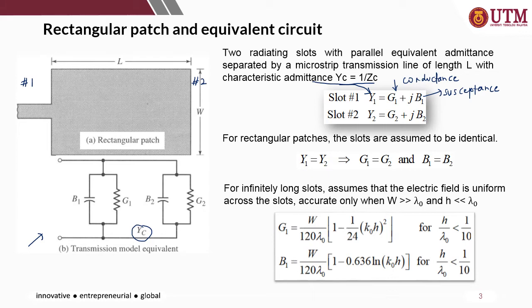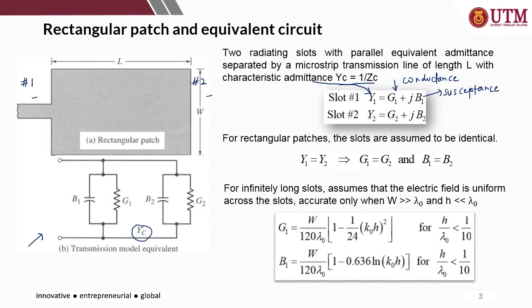Right, so for rectangular patches, slot 1 and slot 2 are basically identical. So it is assumed that the admittance Y1 equals Y2, and the conductance and also susceptance of slot 1 are equal to slot 2.